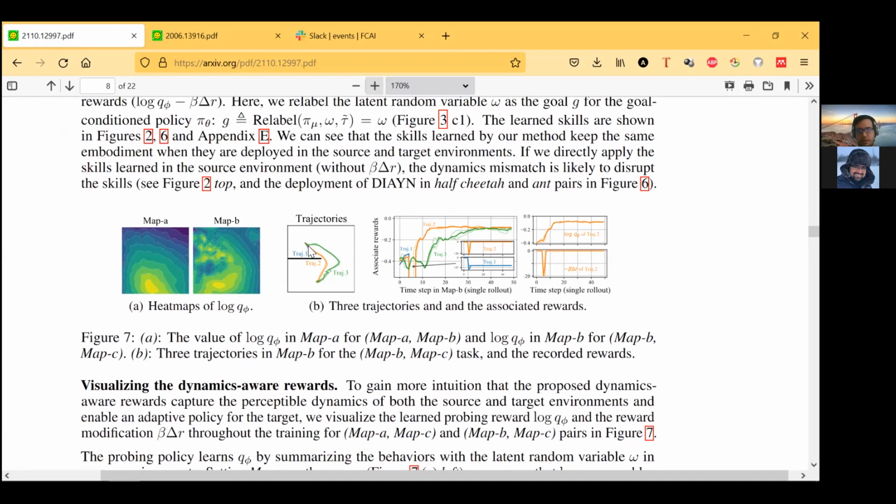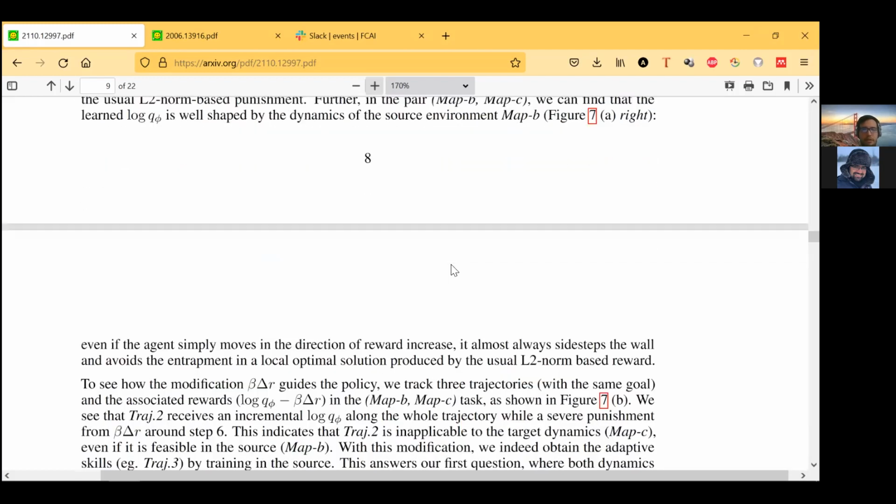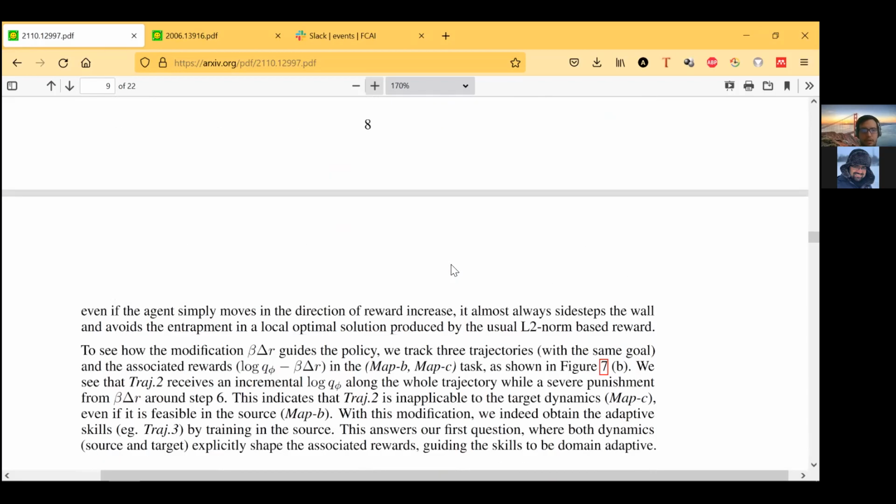So if you have trajectories that go in the obstacle, or in a state where in the target environment you will have an obstacle, then you have this large penalty that will penalize. So this comes from the KL term.